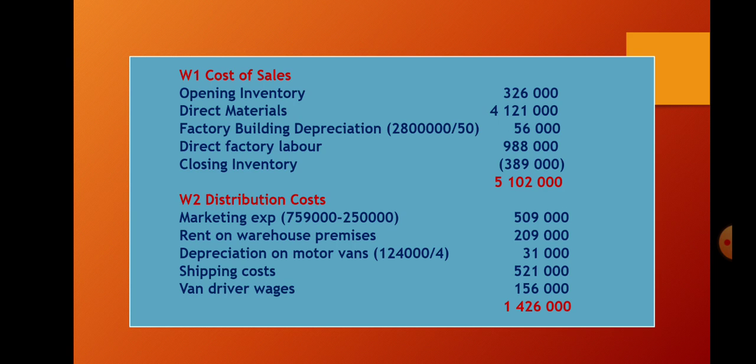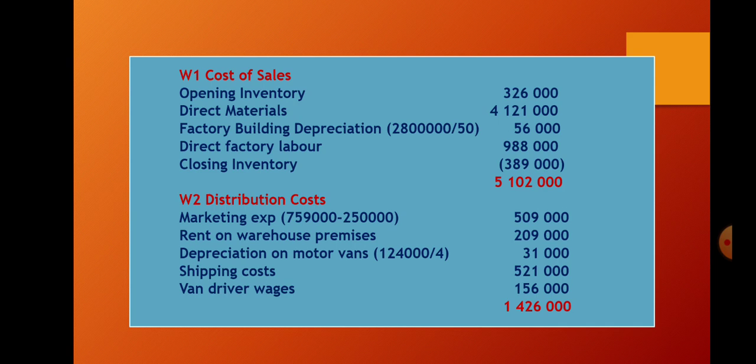The next, distribution cost. So under distribution cost, we need to take mainly three things. That is the selling expenses, transportation expenses, and storage expenses. So first we will take marketing expense, which is selling expense. But there is an adjustment in this. Like we have prepaid expense of 250,000, so that should be deducted, and then we need to calculate the marketing expense.